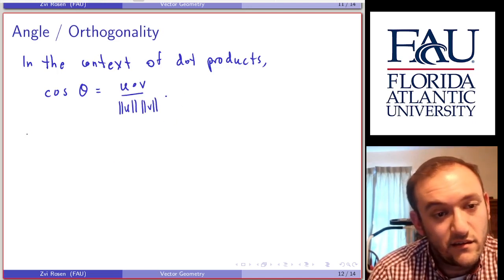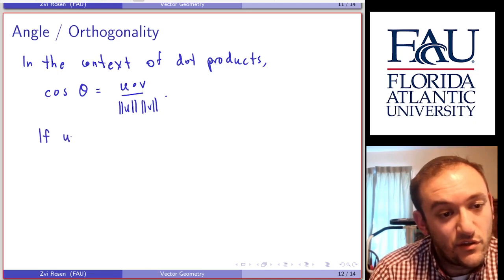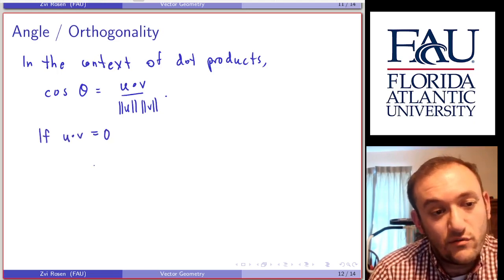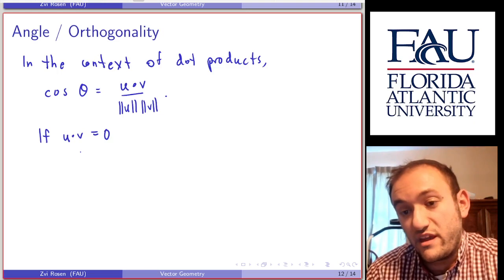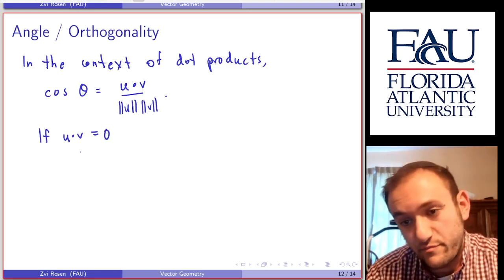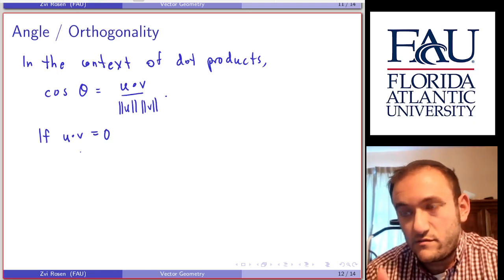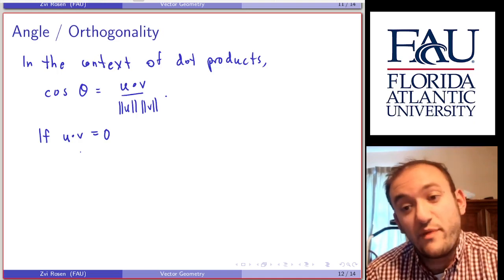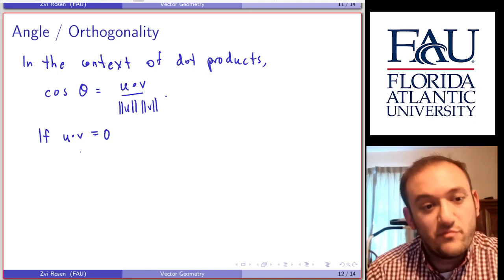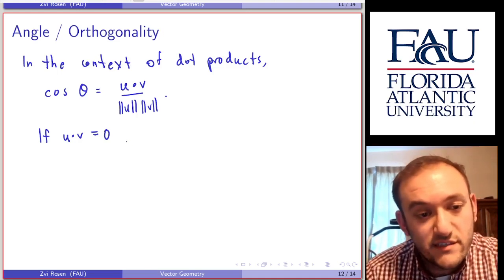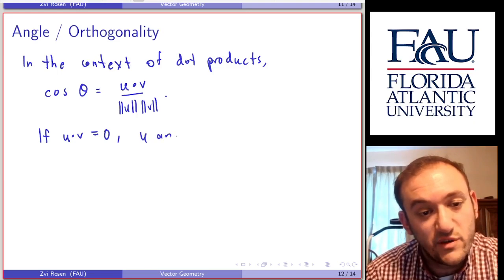And that if u dot v equals 0, which is what corresponds to theta being pi over 2, or some integer multiple of pi shifted from pi over 2, u and v are said to be orthogonal.